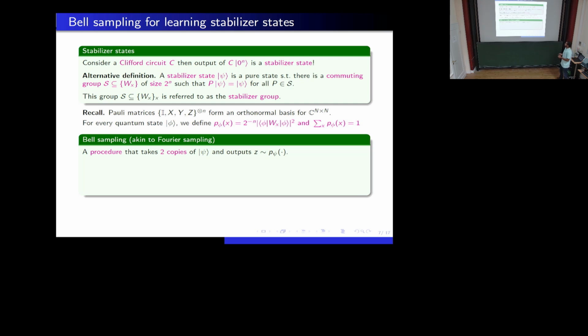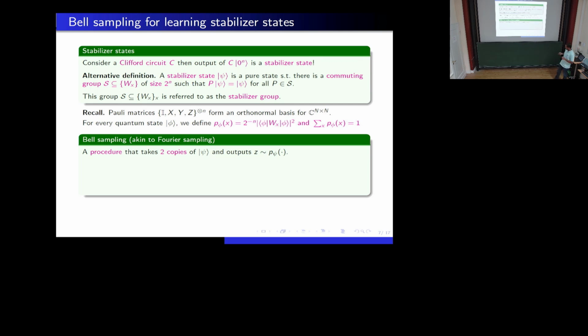It takes 2 copies of my unknown quantum state psi, and it produces a sample z from this distribution p psi. We know p psi is a distribution, and you can get a z that's sampled from it. So for every quantum state, I could have just done this. There is a quantum way to describe this, and there's a totally mathematical way to describe it by taking derivatives. I'll talk about that in the next part of the talk.